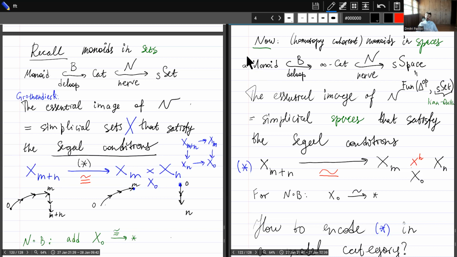So infinity here is shorthand for homotopy coherent. So we should have something like infinity monoids. These should embed into infinity categories via the delooping functor. And there should be some homotopy coherent version of the nerve functor. In fact, in some settings, it's called precisely the homotopy coherent nerve, and it should land in simplicial spaces.